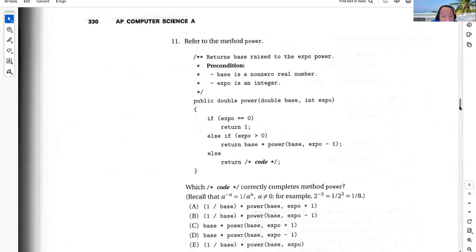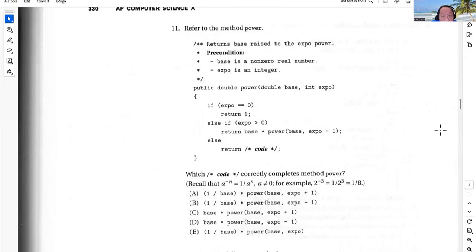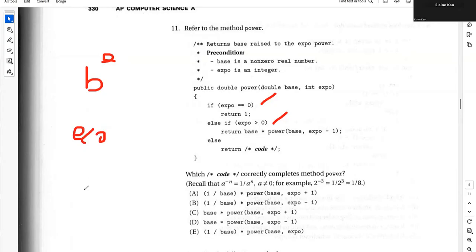Number 11, let me have Elaine. So for this one, you have B and E. You actually try to calculate B raised to the power E, right? So E equals 0, okay, greater than 0, okay, now you have E less than 0. So what you should get is 1 over B to the absolute value of E, right?